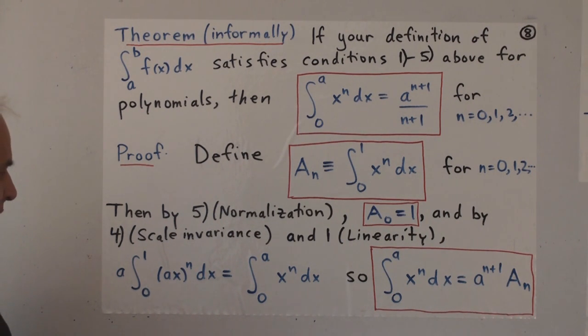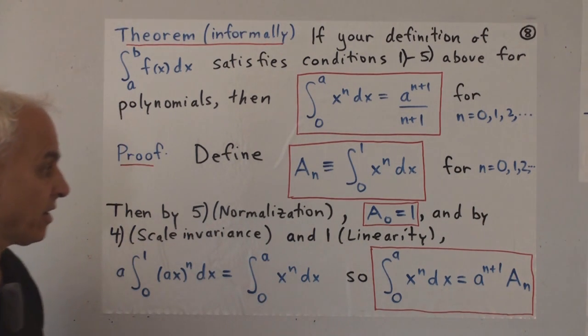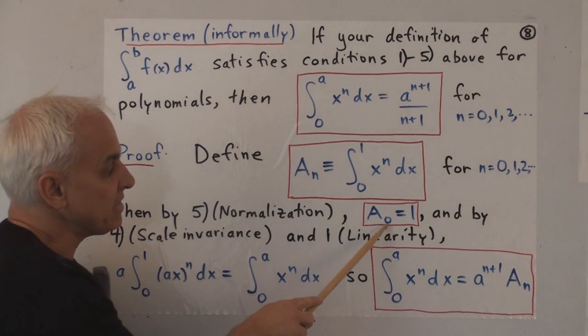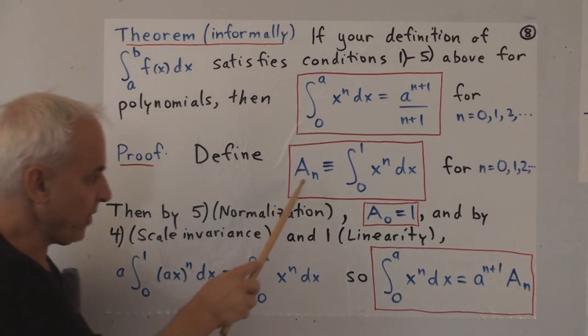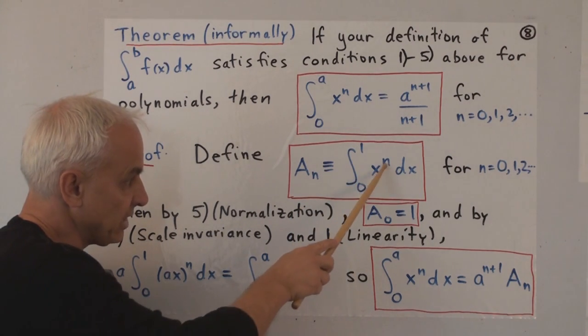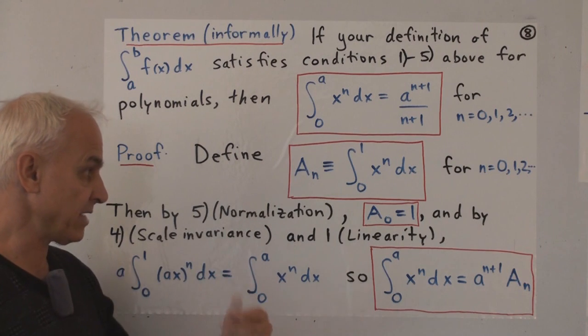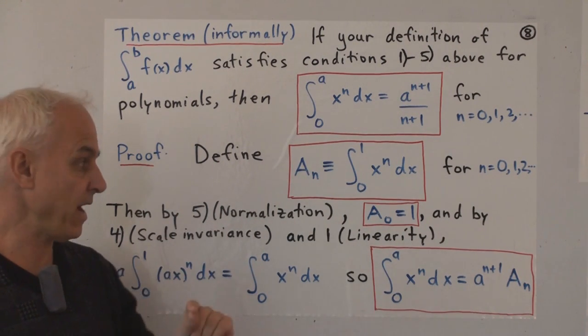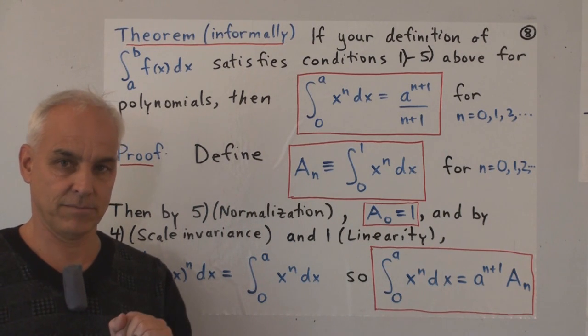All right, what do we know? The first thing that we can say is that by condition number 5, our normalization condition, a sub 0 is actually equal to 1. Because when n is 0, then x to the 0 is the function 1. We're talking about the integral from 0 to 1 of 1 dx, and we have agreed that that is actually equal to 1. So we know what a sub 0 is.